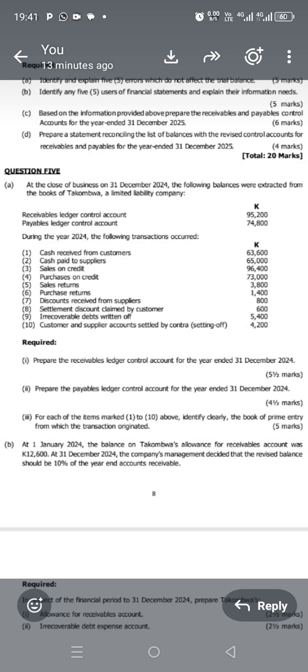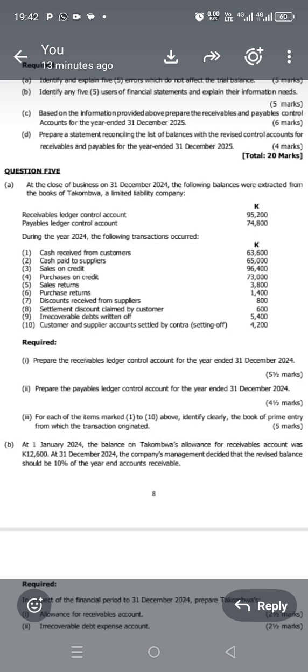What I'm going to do, for the sake of you to be able to understand the control accounting easily, I'm going to send you the format for the receivable ledger control account as well as the payables ledger control account, so that you can master and understand it. So we were on transaction number 7. We said it's going to be recorded in the payables ledger control account.